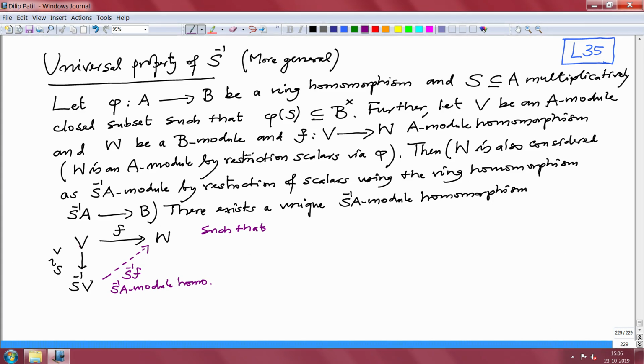The diagram is commutative means if you go by F, that is the same thing as going from here to here, such that F equals S inverse F composed with iota V S. This is what we need to prove, but this is very simple.